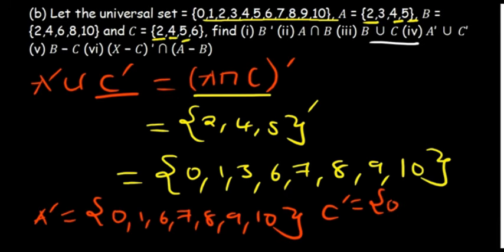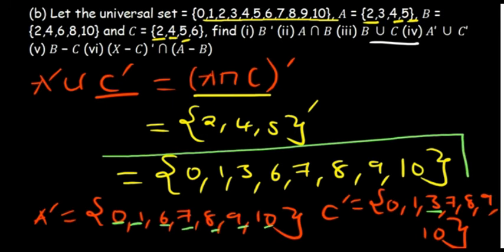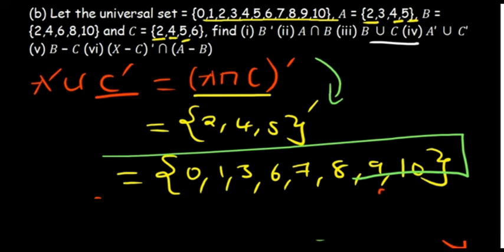So you remain with 0, 1, 3, 7, 8, 9, 10. If you combine these elements together, you're going to have 0, 1, 3, 6, 7, 8, 9, and 10, which is basically matching up with this, because you're trying to find the union of these two sets. So you just combine the elements. I don't know which one seems easier, but I find the case where you have them in brackets to be easier because you save on time.